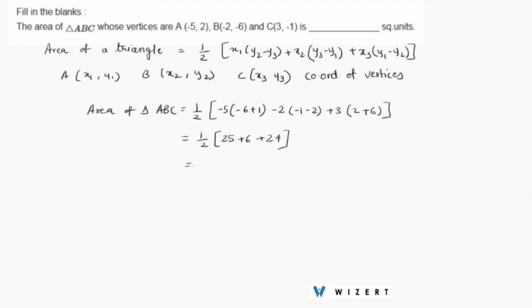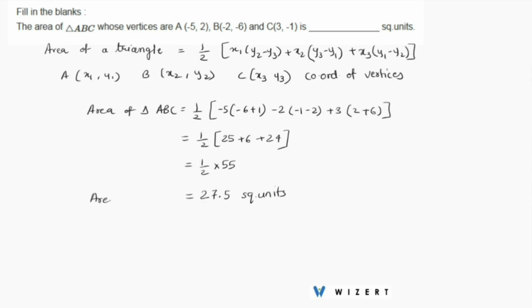So half multiplied by 25 plus 24 is 49, 49 plus 6 is 55. So half multiplied by 55 is 27.5 square units.